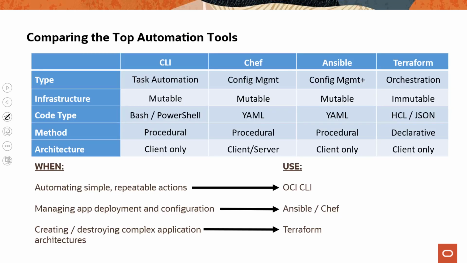Now, if you take a quick look at these tools side by side, so CLI, Chef, Ansible, Terraform, some of the key things to keep in mind here are really around what the tools are best suited for and how the tools function in general. So as you mentioned, CLI is really good for automating simple repetitive tasks.